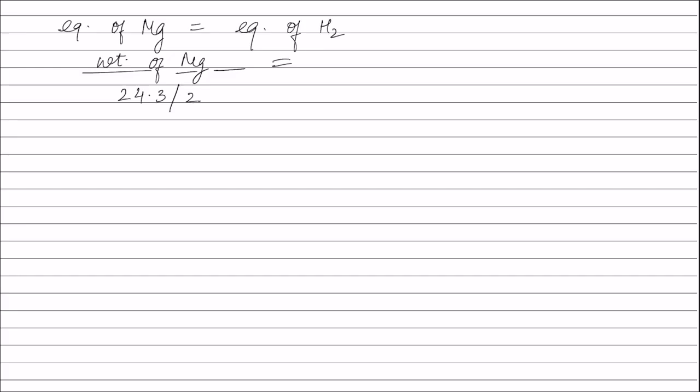Equivalence of hydrogen will be equal to volume of hydrogen evolved, that is 109.2 milliliters, divided by equivalent volume of hydrogen, that is 11,200 milliliters.